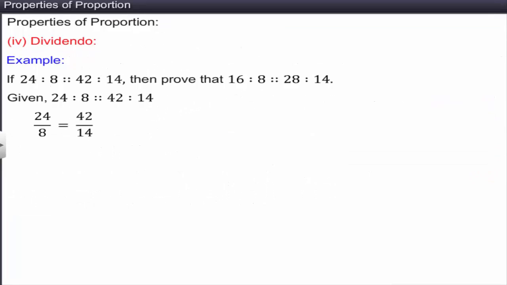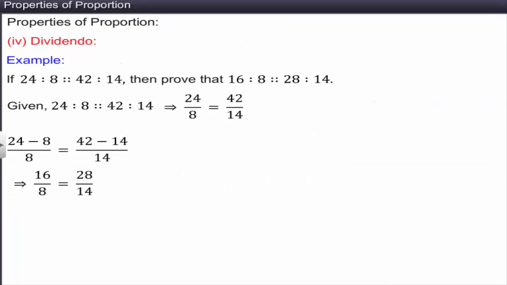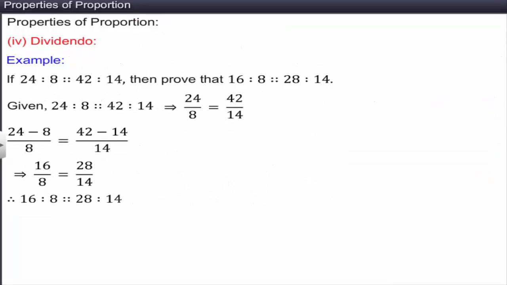Now, applying the property of dividendo, we get 24 minus 8 divided by 8 is equal to 42 minus 14 divided by 14. On simplifying, we get 16 divided by 8 is equal to 28 divided by 14. This can be simplified as 16 is to 8 is as 28 is to 14.